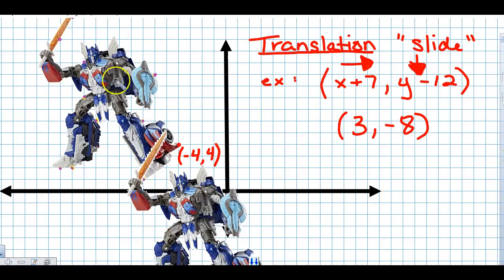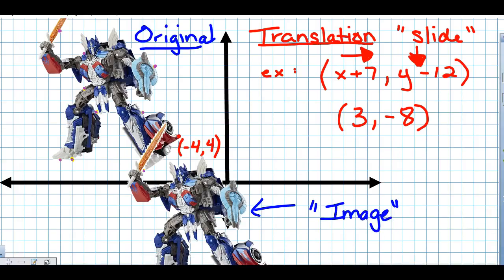Now, obviously, the figure did not change. It just relocated. So this Optimus Prime, the one we started with, that's called our original image. But our copy here, our translated figure, is called our image.